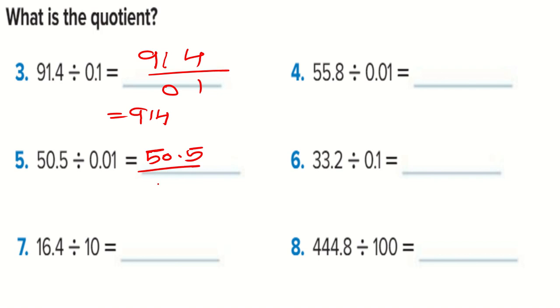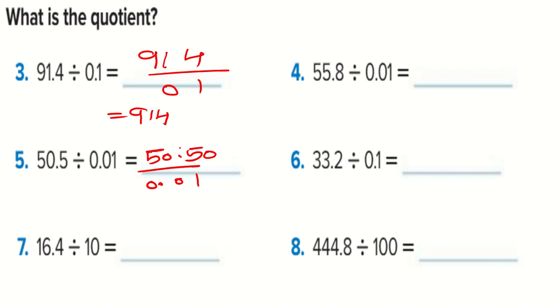Now 50.5 divided by 0.01. How many decimal places in the numerator? Only 1. And in the denominator? 2 decimal places. So to make the number of decimal places equal, you just put a 0 there.